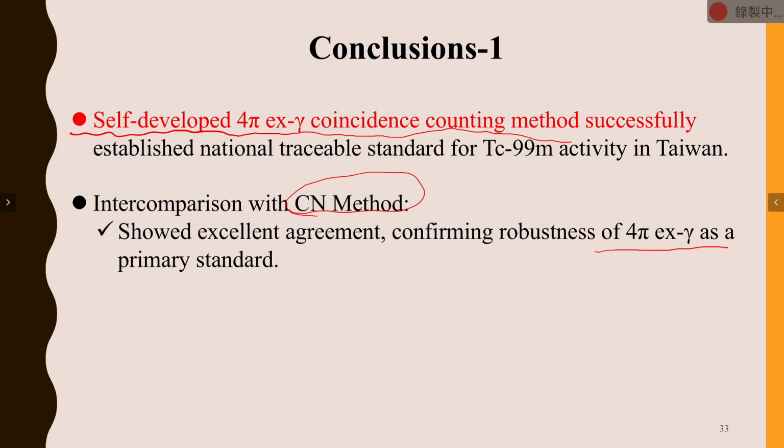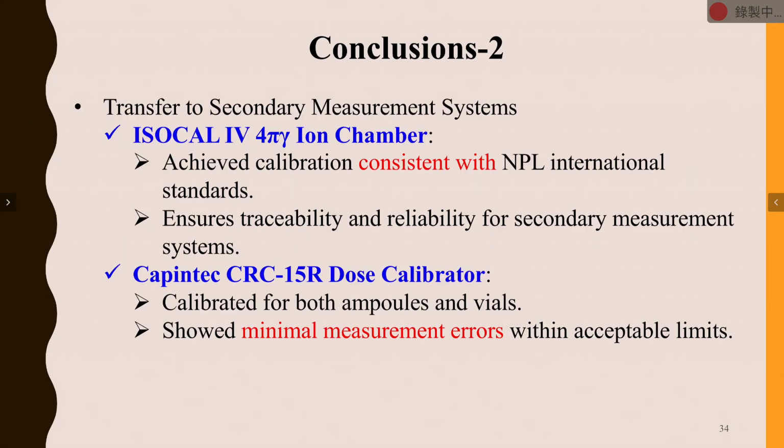And the standard is transferred to secondary measurement systems, the ion chamber and the dose calibrator. For the ion chamber, it achieved calibration consistent with NPL. For the dose calibrator, it showed measurement error within an acceptable limit.